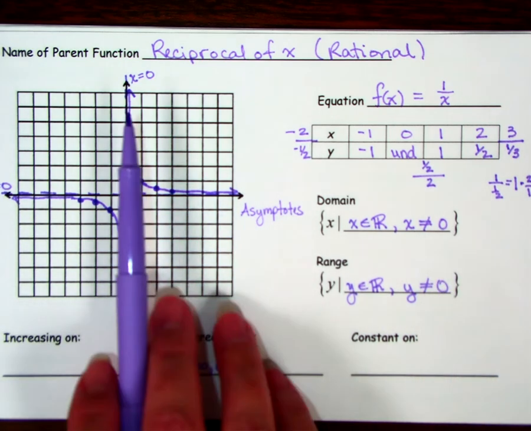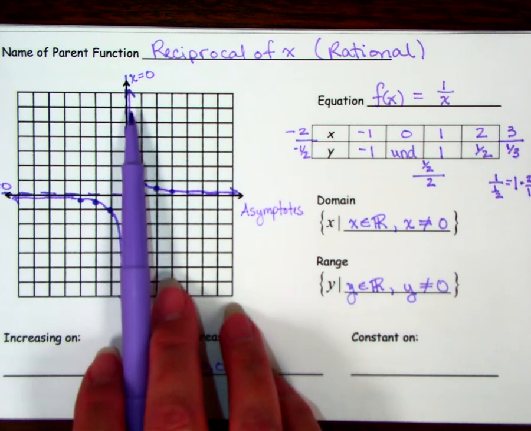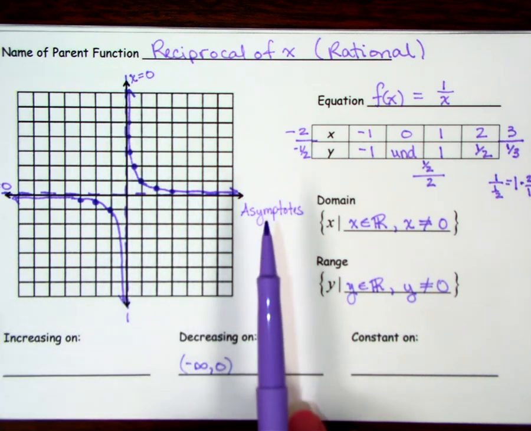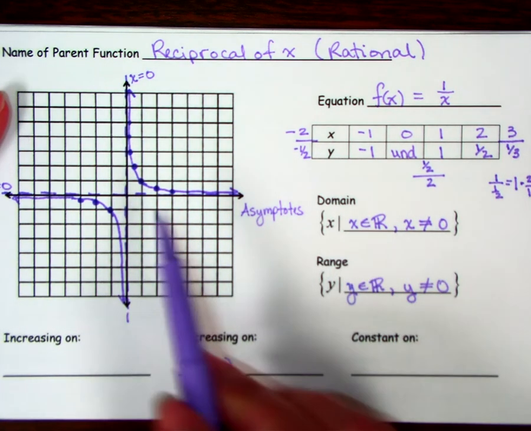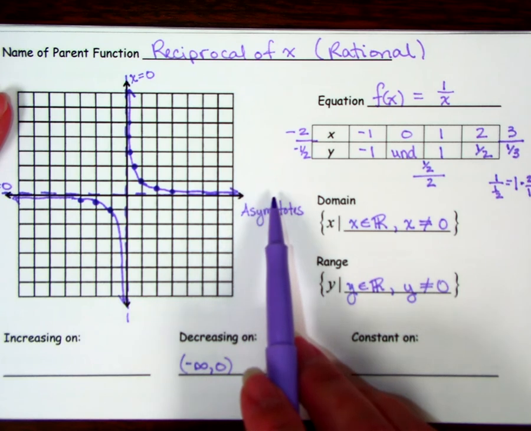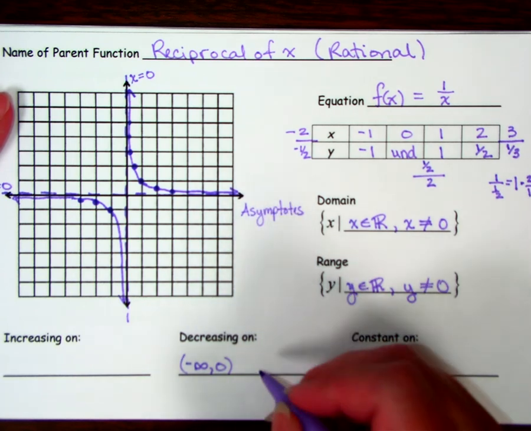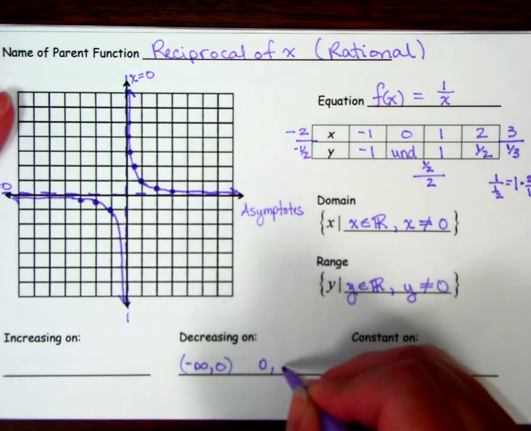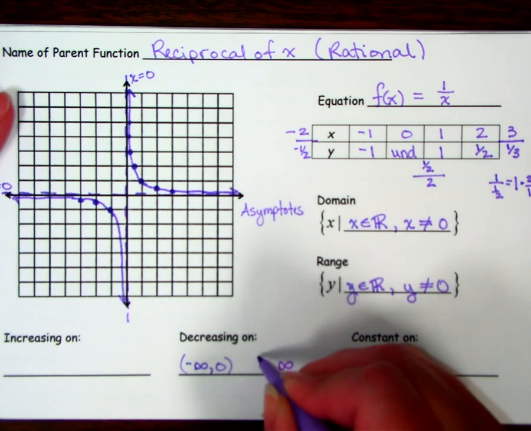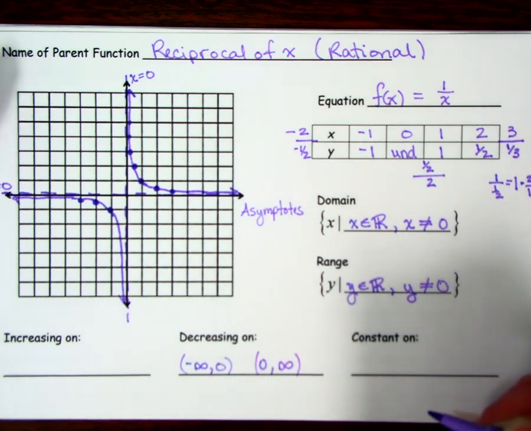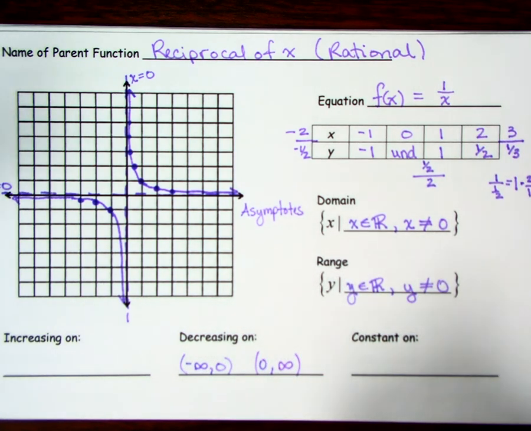So that means it would be decreasing from an x value to the right of 0, all the way out into an x value of infinity. So I'd say it's decreasing from 0 to infinity. And again, parentheses to indicate that it's from here to there.